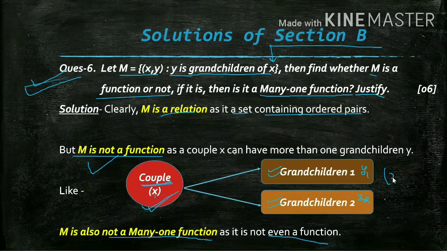So you would be having the first pair as x comma y1, where y1 is the grandchild of x, and the second pair x comma y2, where y2 is the grandchild of x. Right? So this question is also done. It is a relation just and not a function.